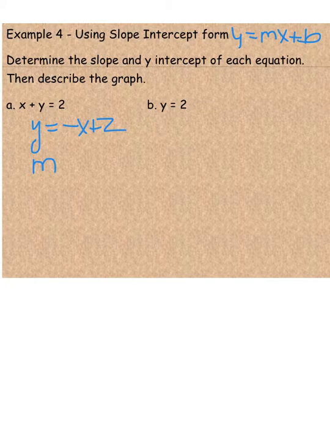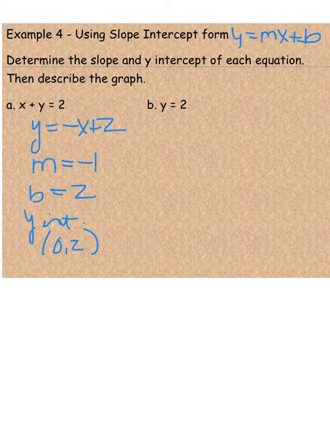This tells us that our slope is -1. And our b value, which is our intercept, is 2, which makes our y-intercept the point (0, 2). This is where the graph hits the y-axis. Because our slope is -1, and it's a negative slope, that means that this line is falling.